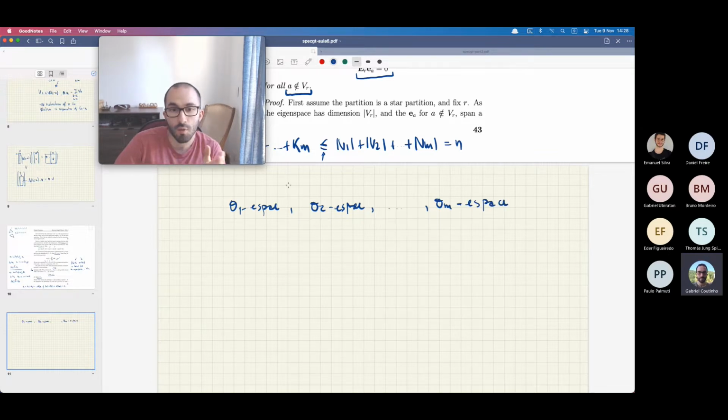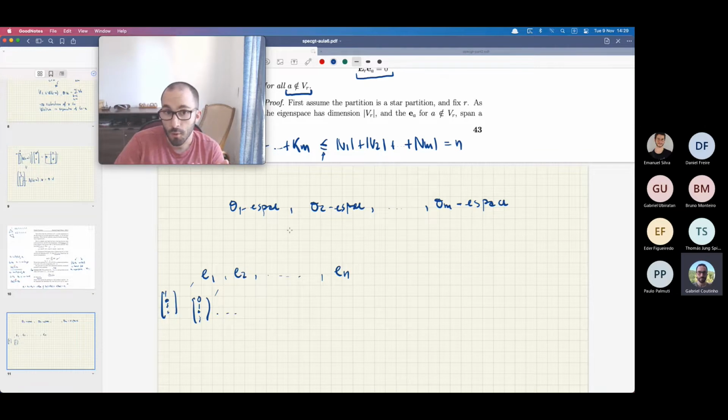Now, within each one of these spaces, you can find a basis, and the union of these bases is a basis for the space. Now, you also have a bunch of vectors, E sub 1, E sub 2, all the way up to E sub n. So this is the canonical basis for the space, the characteristic vectors of the vertices, right? So this is 1, 0, 0, 0, and 0, 1, 0, 0, and so on.